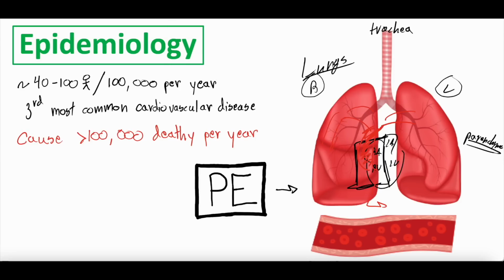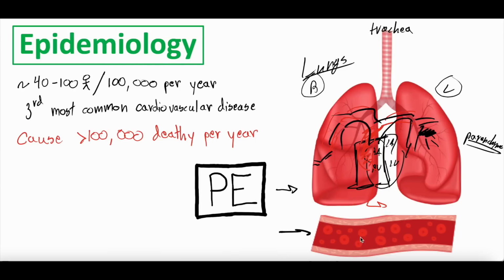Maybe black would be a better color so you can see it rather than red on red. The pulmonary arteries break off into smaller and smaller blood vessels that all perfuse the lungs. And if these blood vessels get blood clots in them, it cuts off blood flow to a portion of the lung.